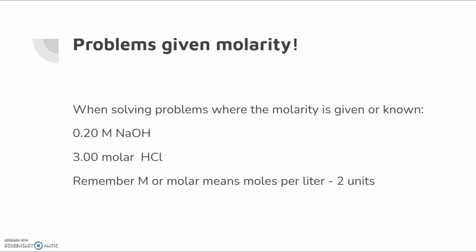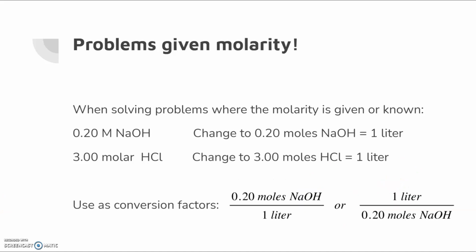Well, you need to remember that capital M or the word molar or the word molarity means moles per liter. Moles per liter, and that's actually 2 units. So when I think about molar, and I recommend actually writing this down, I have to think not as 0.20 capital M, but that really means 0.20 moles of sodium hydroxide equals 1 liter.